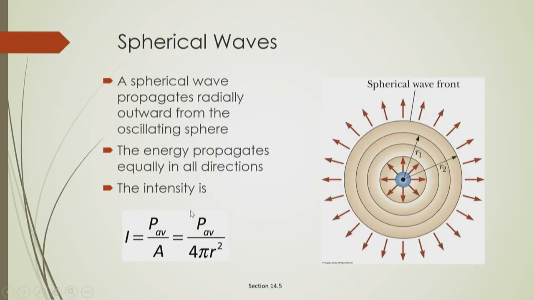We talked about spherical waves. This is where we get the idea that the intensity is going to fall off as 1 over r squared. I have my power divided by area, and the surface area of a sphere is 4 pi r squared.